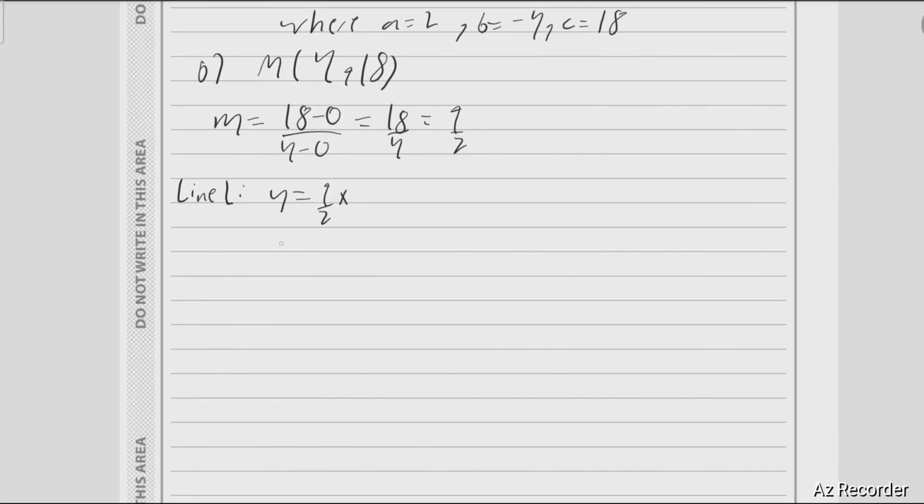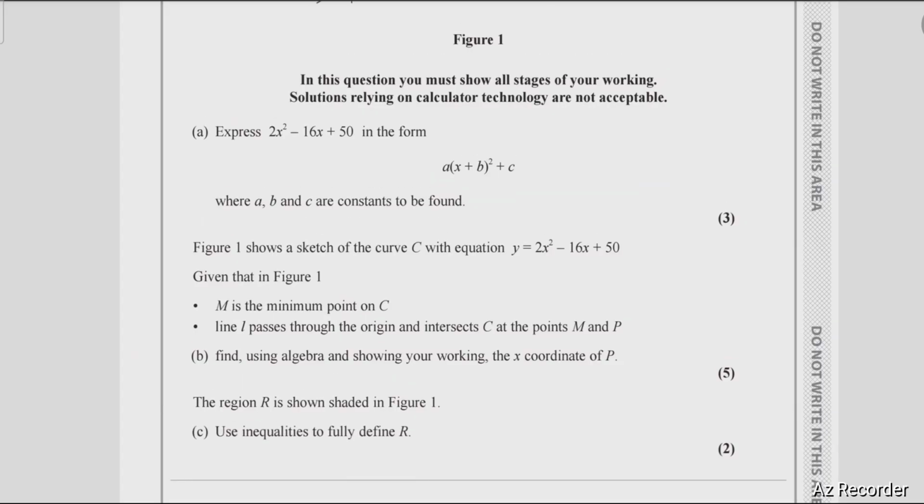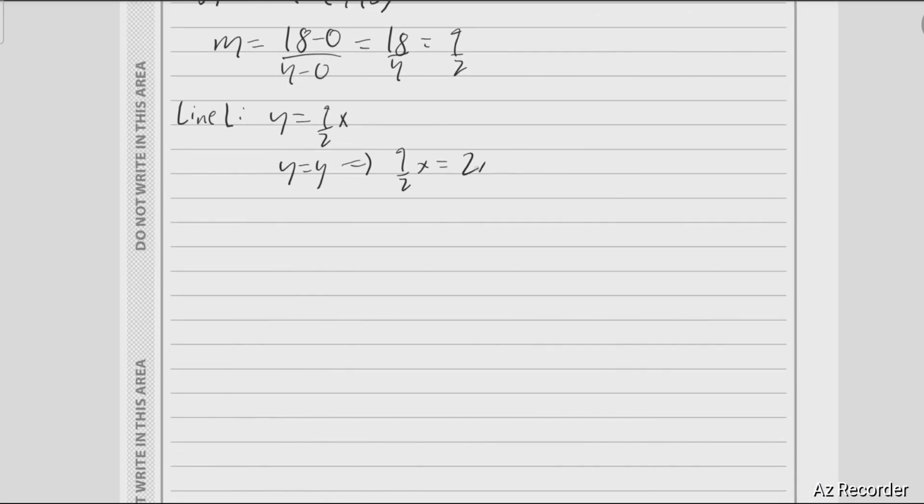Then it's just easy. y equals y. 9 over 2 x equals 2x squared minus 16x plus 50.